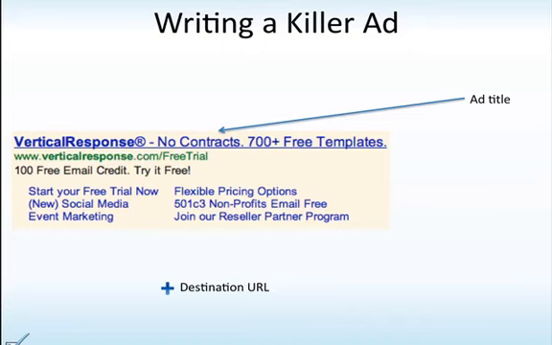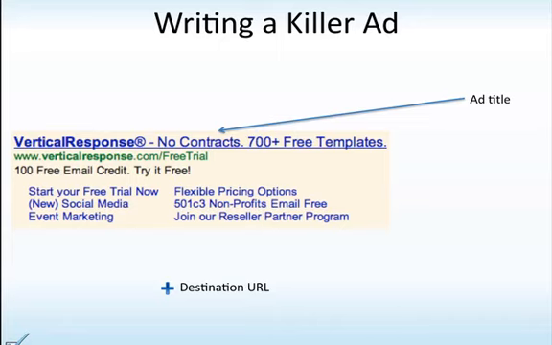Please make sure to include keywords in your headline. So let's say you're looking for Vertical Response or you're looking for templates. Make sure to include those keywords within the ad title because that's the first thing that people are going to look at. If they typed in email templates and they don't see it within the ad title, they're not going to click on it because they're going to think it's not relevant to them.